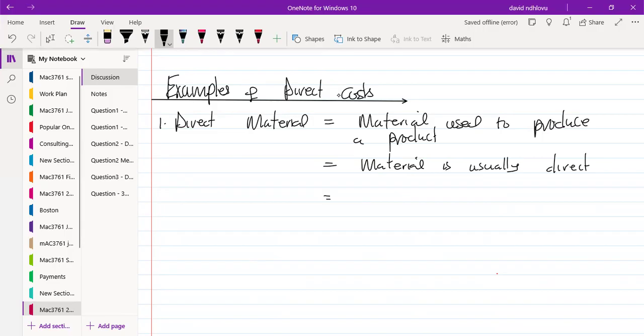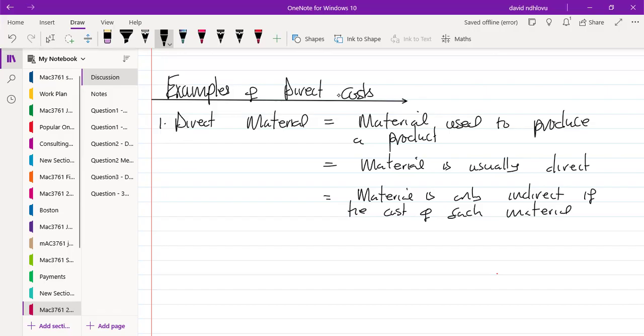Let's note that material is only indirect if the cost of such material is negligible compared with the cost of the total product.